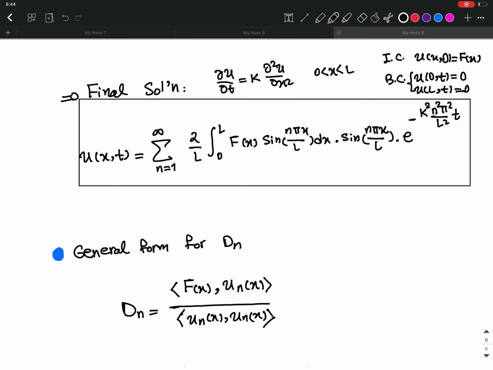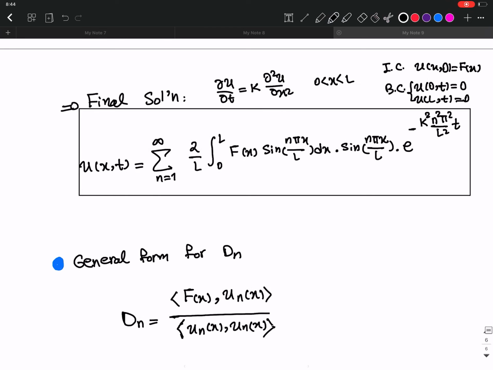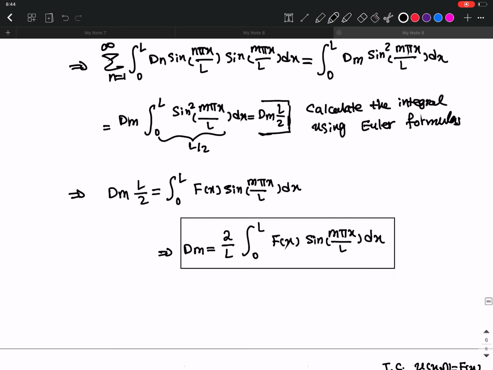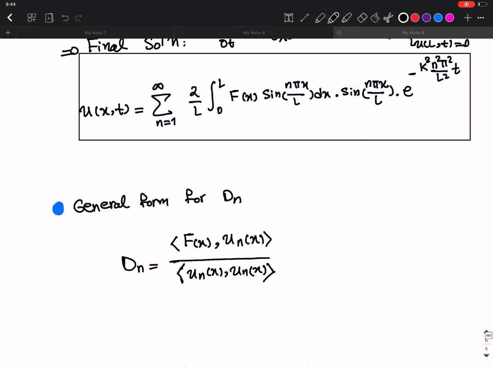And the inner product, if you remember, is just the integral of those two functions times the weight function, okay? You can check this formula to make sure that it is correct, but this will be the general formula for finding d_n. So you take the inner product of these two to get the d_n coefficient in any separation of variables problem.